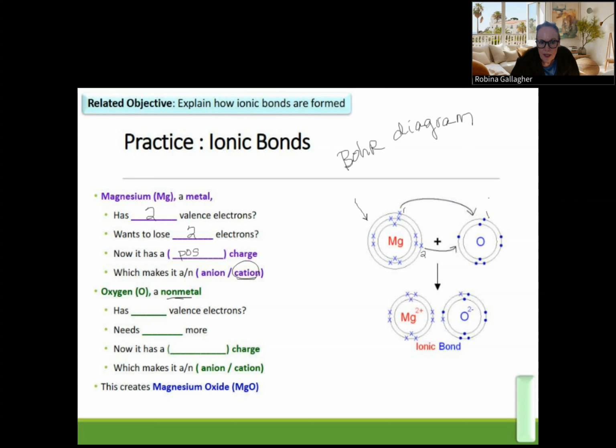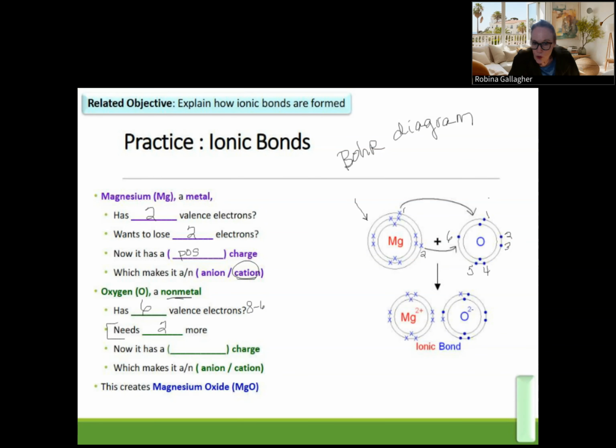It has 1, 2, 3, 4, 5, 6 valence electrons. It wants 8, okay? So 8 minus 6 tells me it needs 2 more to be stable.